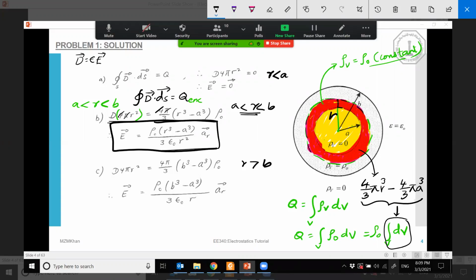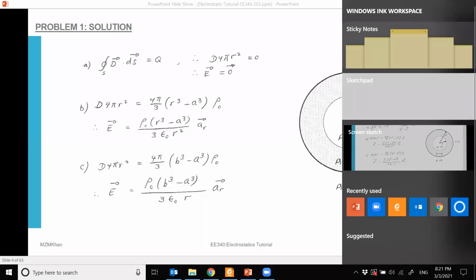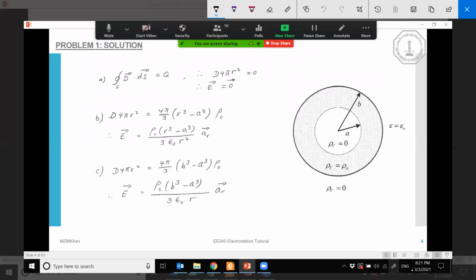Clear? Now let's take the third case, where now r is greater than b. That means this region, all.